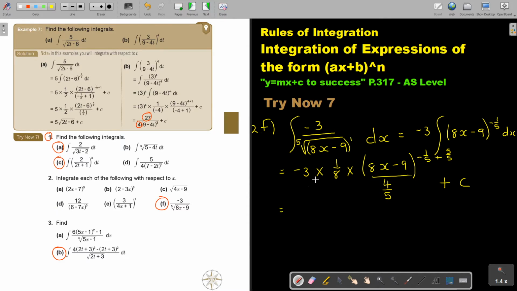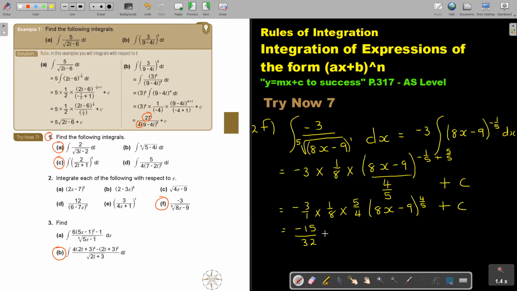And then this is going to be -3 over 1 times 1 over 8 times the reciprocal 5 over 4. And then it's going to be that 8x minus 9 to the 4 over 5 plus c. Okay, and now I can just simplify. This is going to be -15 over 32.